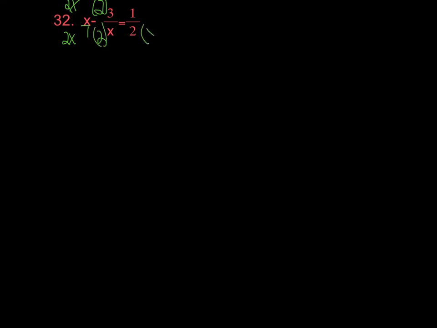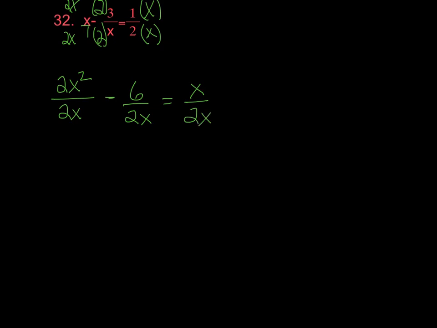And lastly, the last fraction, I'm going to multiply by x on the top and the bottom. All right, so now what I have here is 2x squared over 2x minus 6 over 2x equals x over 2x. Now we have an equation. We have common denominators.